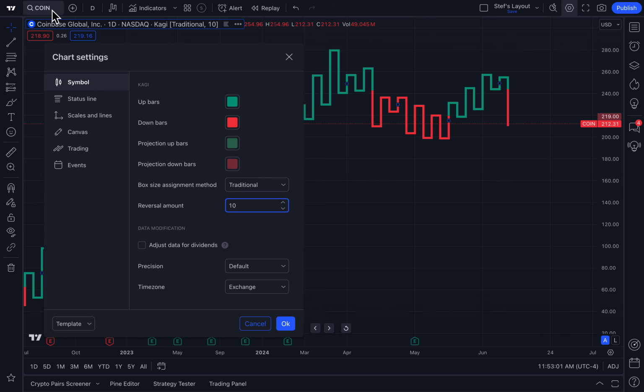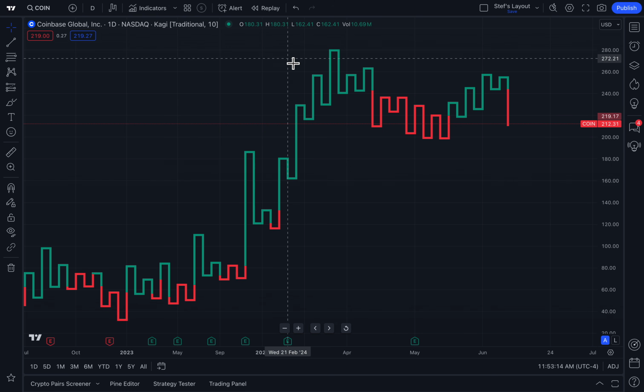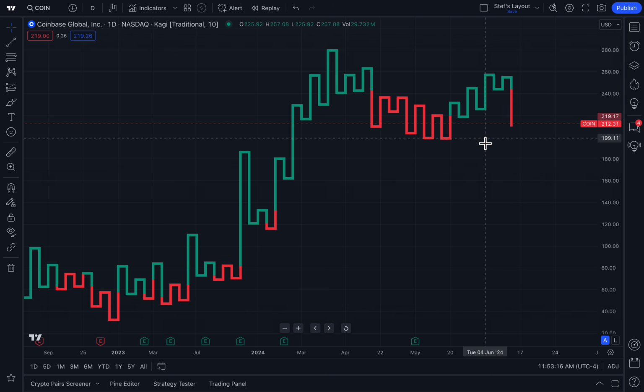We are looking at a chart of Coinbase coin, and that would mean that every $10, so if Coinbase moves within a $10 range, then a new line is going to be drawn on this Kagi chart. And the reversal is going to be shown based off of these lines that are moving side to side. These side to side lines are reversals.